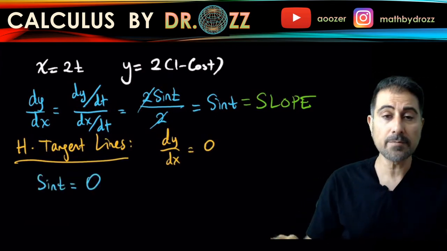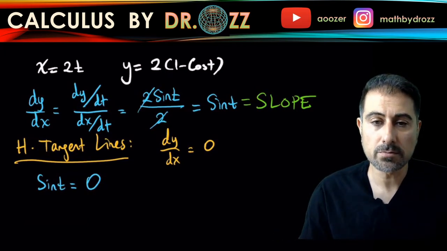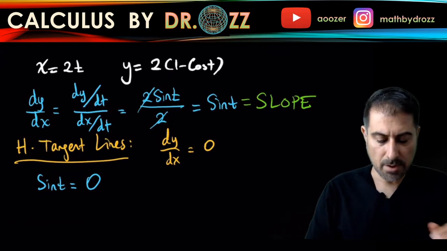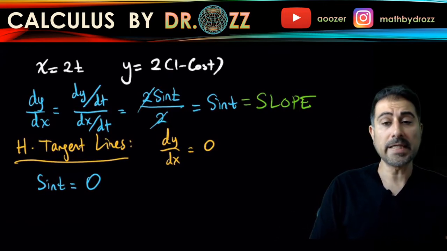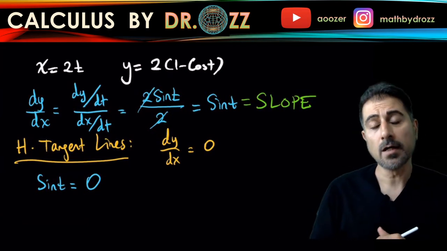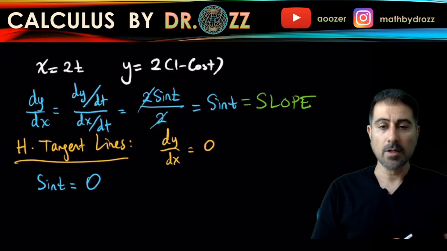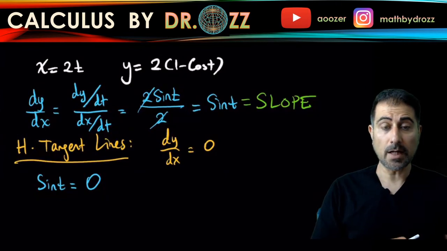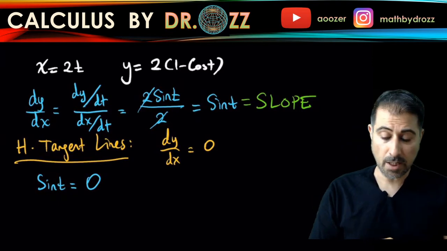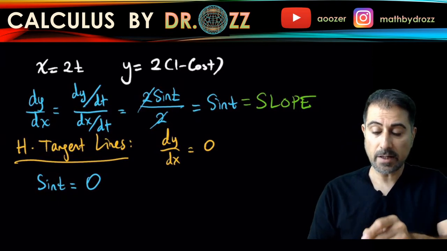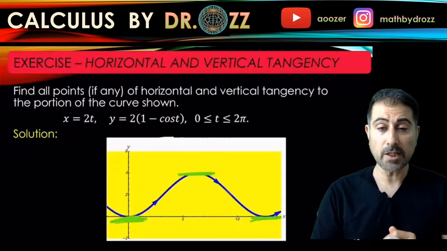Go ahead and pause the video and solve this equation. You can look at arc sine 0, but that's going to be only one value. You can't just rely on your calculator for finding arc sine 0, because we have multiple t values at which we have a horizontal tangent line.